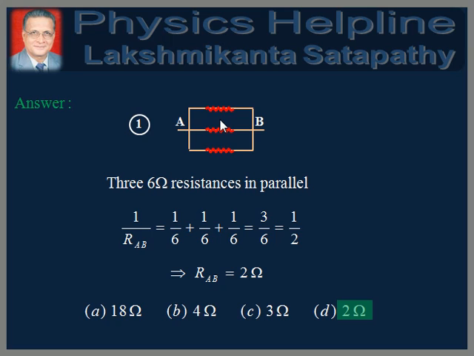The equivalent resistance is given by 1/RAB = 1/6 + 1/6 + 1/6, which is equal to 3/6, which is equal to 1/2, which gives RAB = 2 ohms. We observe that option D is equal to this result.